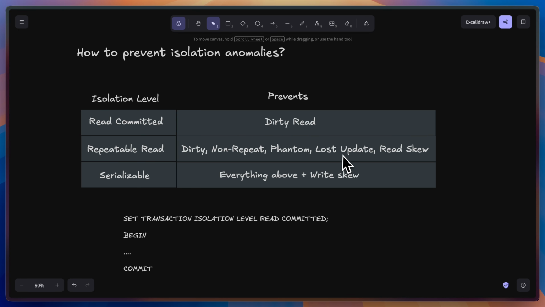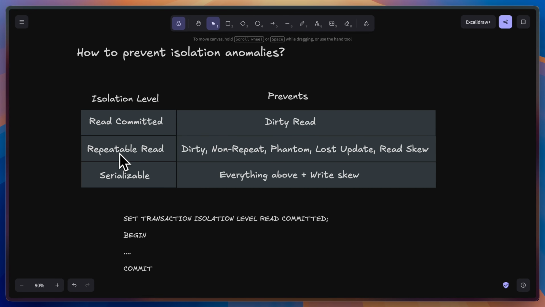So since we have to prevent those, we would be selecting either repeatable read or serializable. But as we already discussed, if we go downwards, then the performance will degrade. If we select serializable, then the performance will degrade. Hence, out of these two, I would be selecting repeatable read isolation level, right?